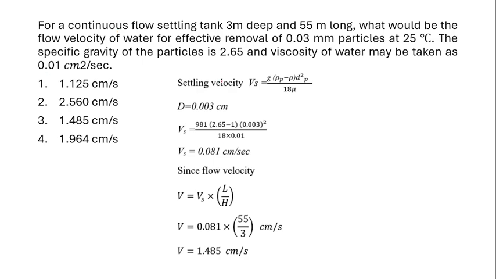So you have to calculate it by using this formula, which is Vs is equal to g into (rho P minus rho) into D square divided by 18 mu. So the diameter of the particle is 0.03 mm. It is in mm. So we know that 1 centimeter is equal to 10 mm.